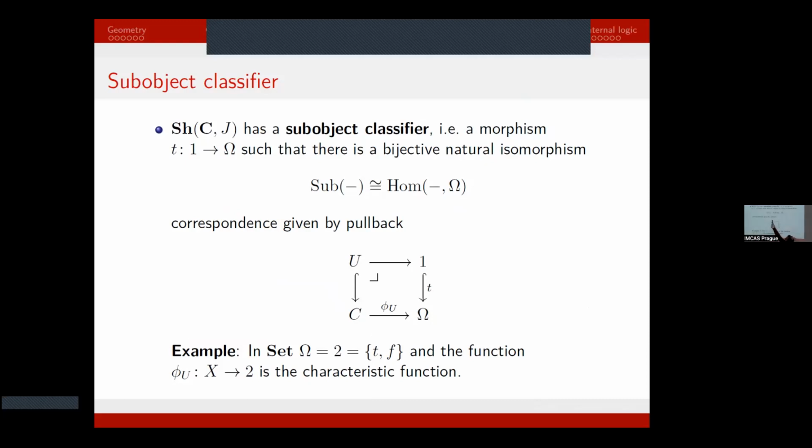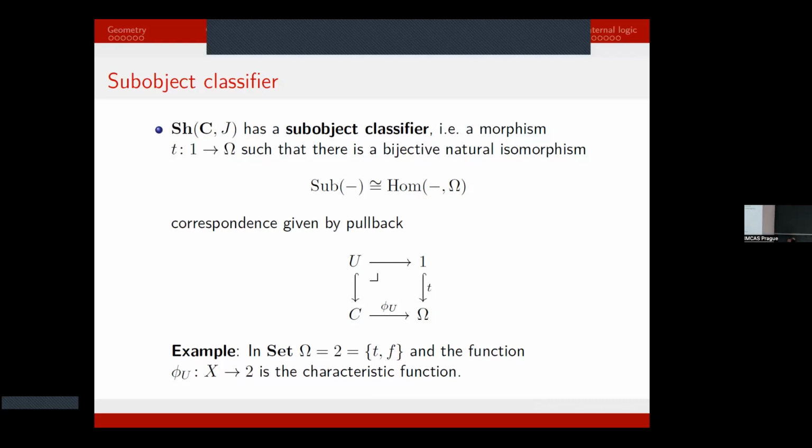Given a subobject of C, there exists a unique map of C into omega, such that the pullback through the morphism T gives us exactly the subobject. So every subobject can be described as a pullback of the T map, through a map from the object to omega.